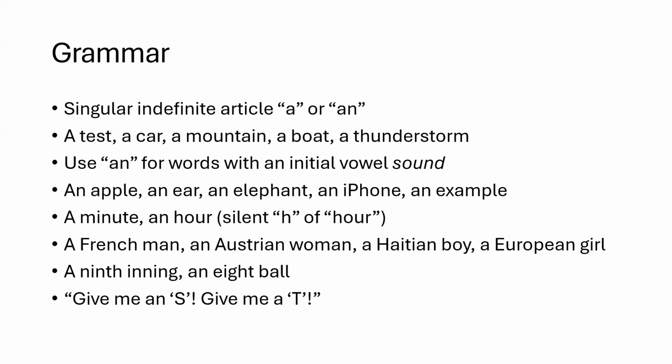When talking about letters and numbers, you go again by the sound of that letter or number. So a ninth inning, an eight ball. Give me an S, give me a T. So it goes by the sound.